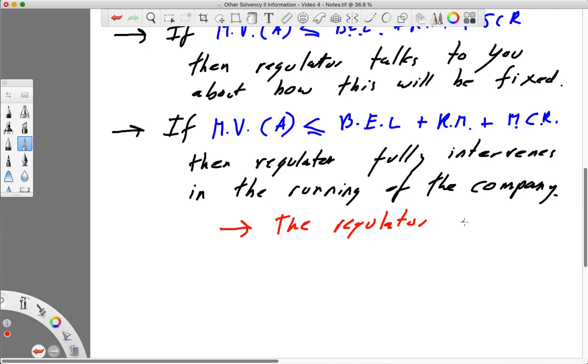The regulator can then take various actions.